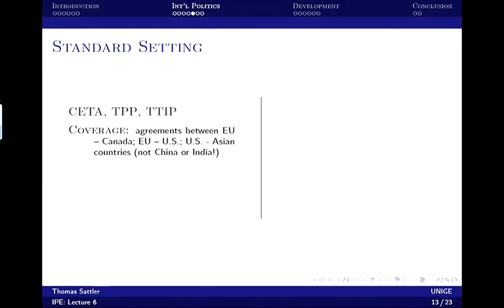Let me just go one step further and directly get to standard setting. Another argument is that now we move to what are called the mega regionals. CETA is the Comprehensive Economic and Trade Agreement between the EU and Canada, which was just concluded a few years ago.